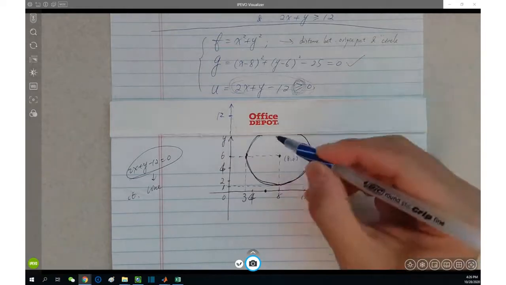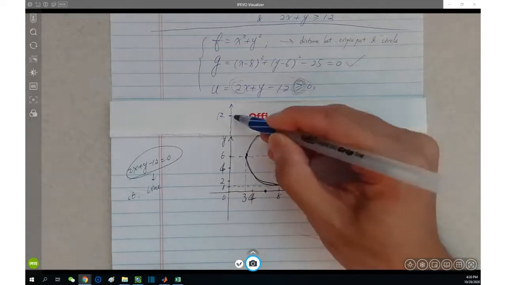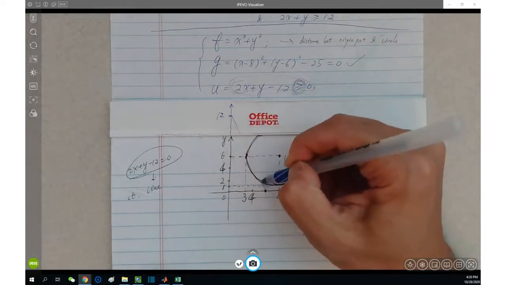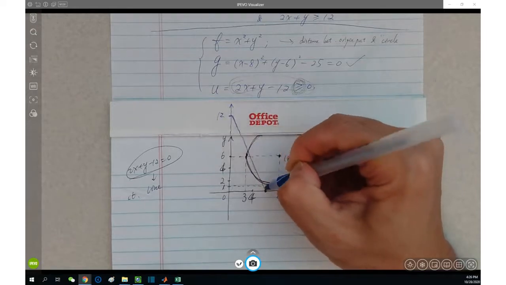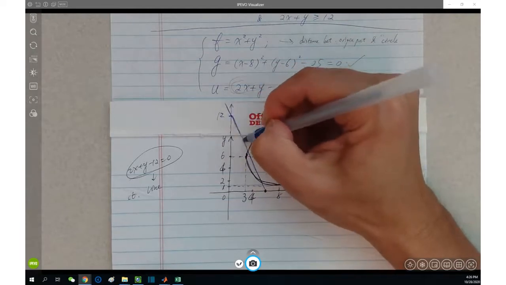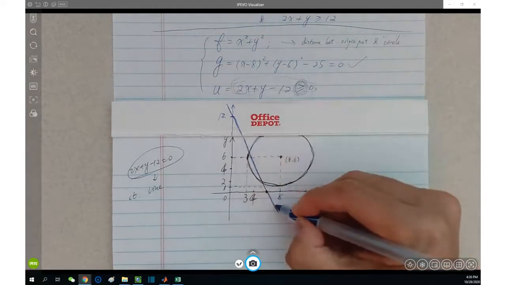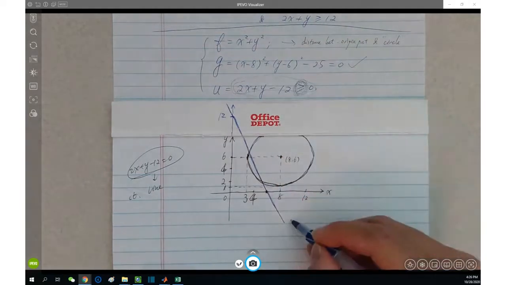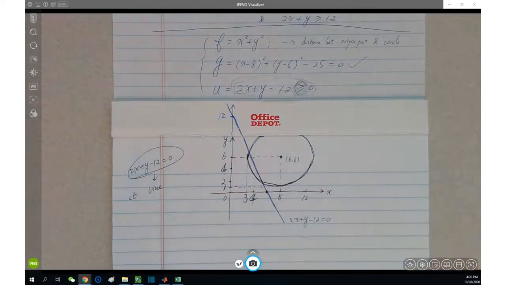Then if this is 12, you connect these two points. I'm selecting two particular points because two points are enough to determine one line. Therefore, further to determine this line, intersecting with the circle.